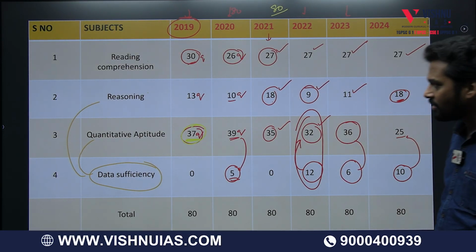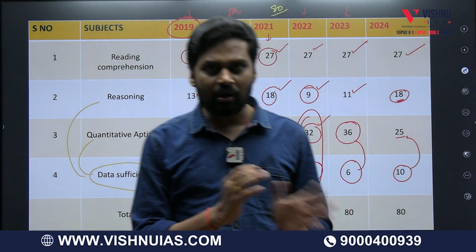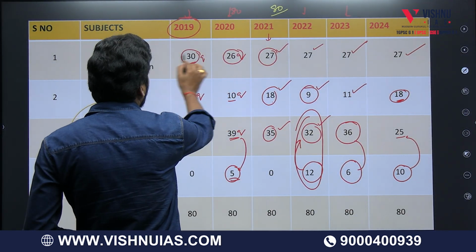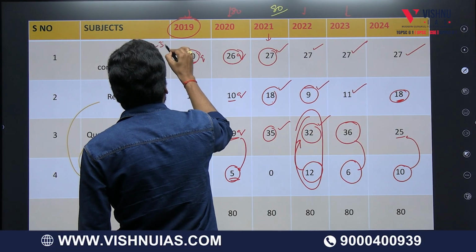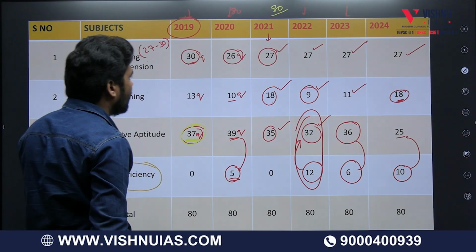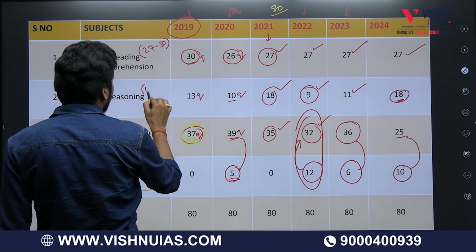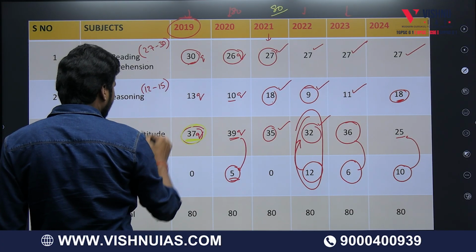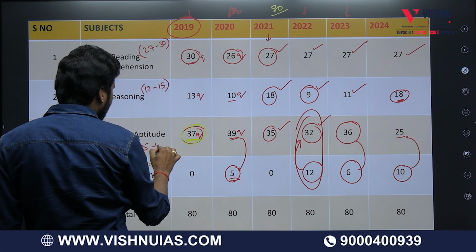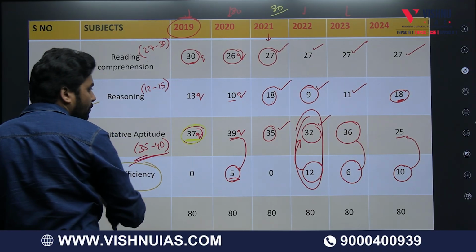So overall we can say that from reading comprehension we can have 27 to 30 questions. On average, 12 to 15 questions from reasoning, and 35 to 40 questions are allotted to quantitative aptitude.